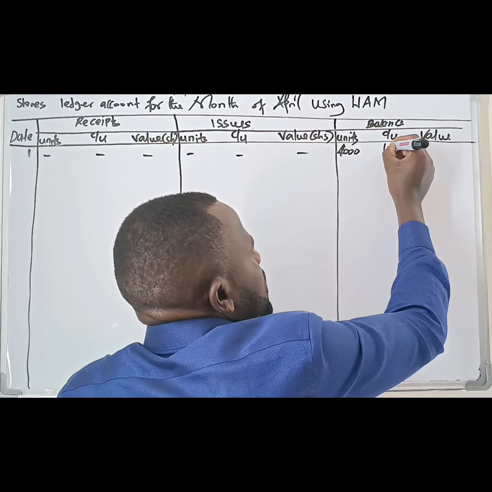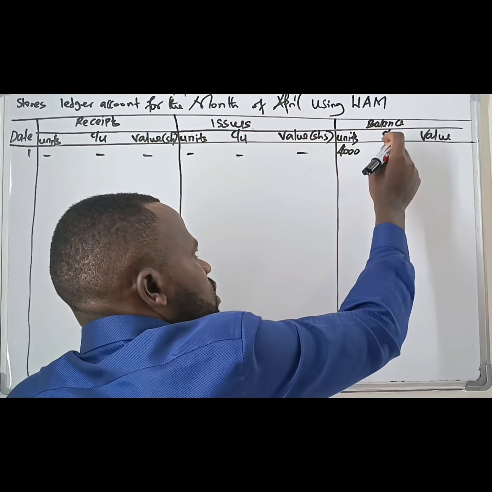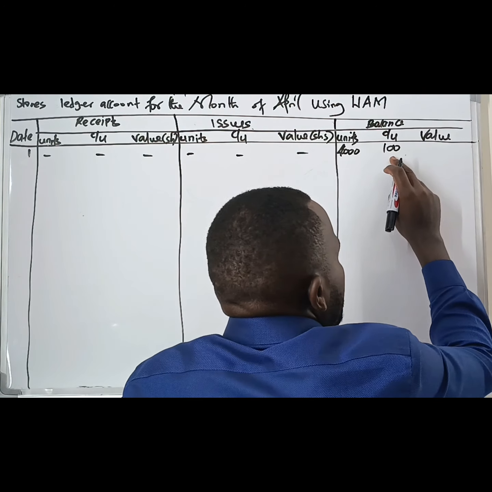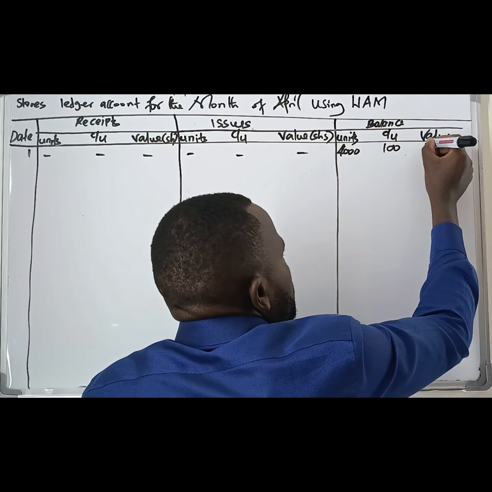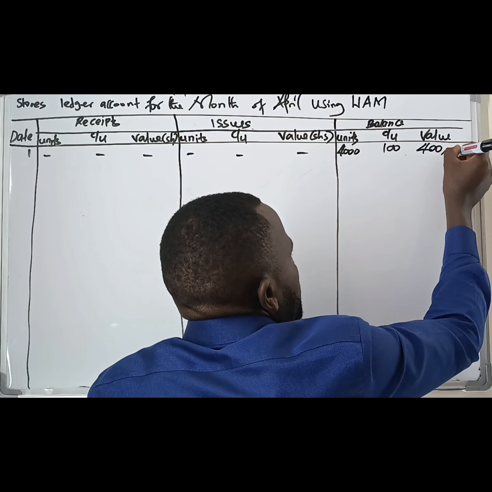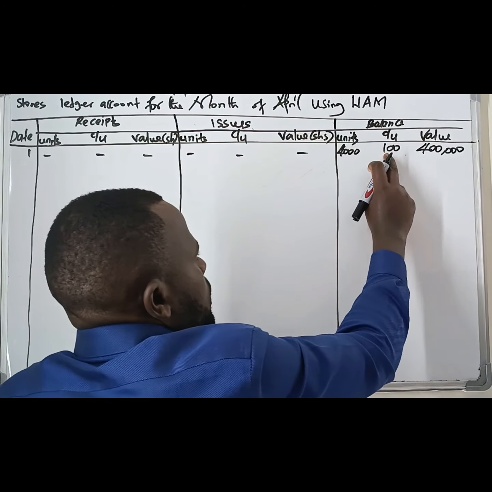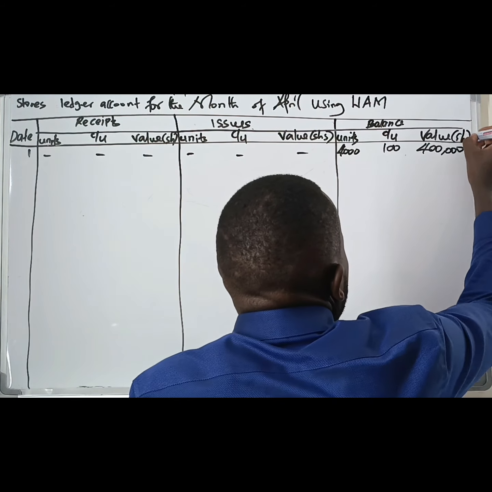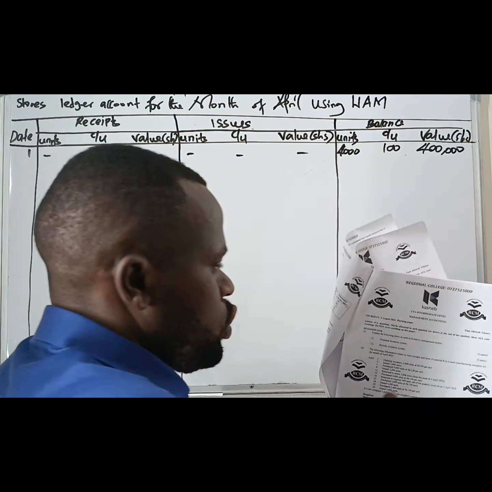So the cost per unit now is 100. 4,000 times 100 shillings, you get 400,000. That becomes your value. Multiply units by the cost per unit to get the value. Remember the value is in shillings. We go to the next transaction.